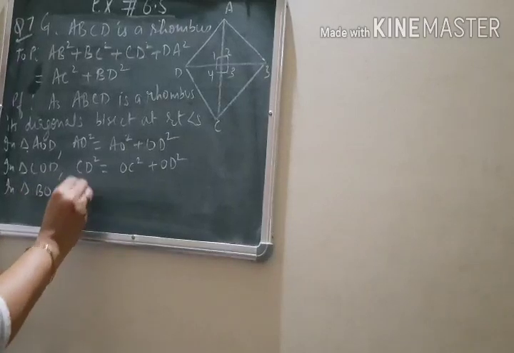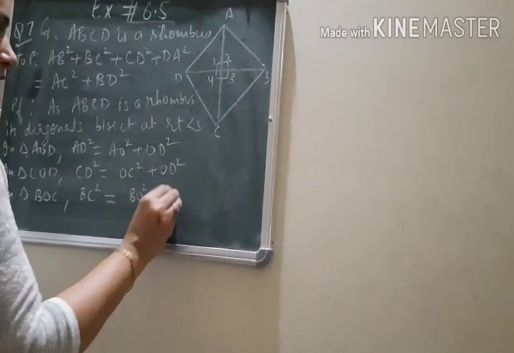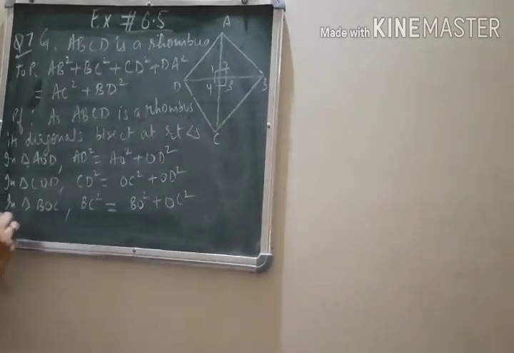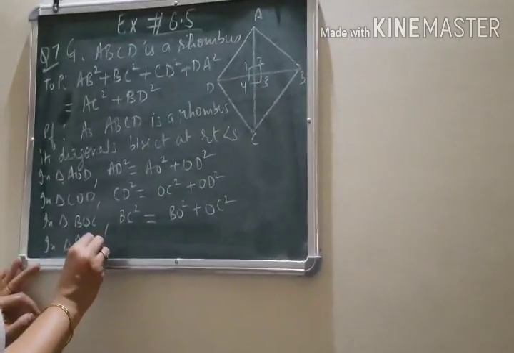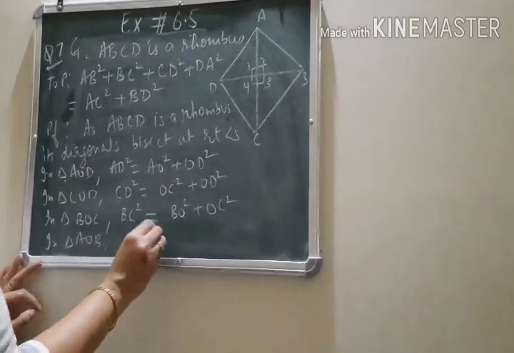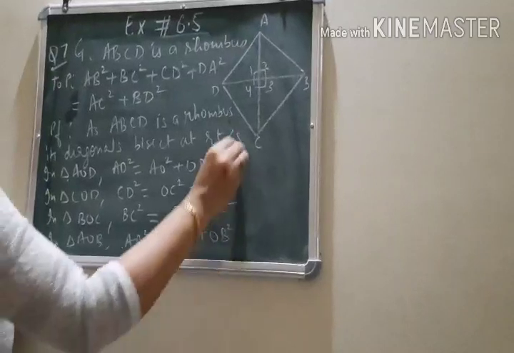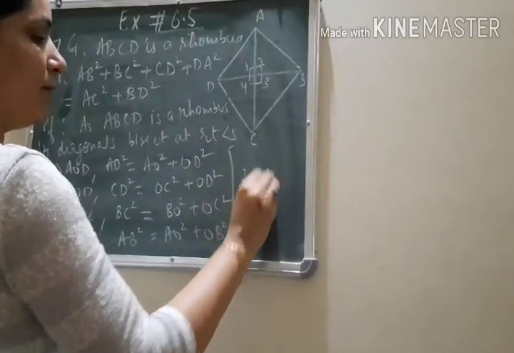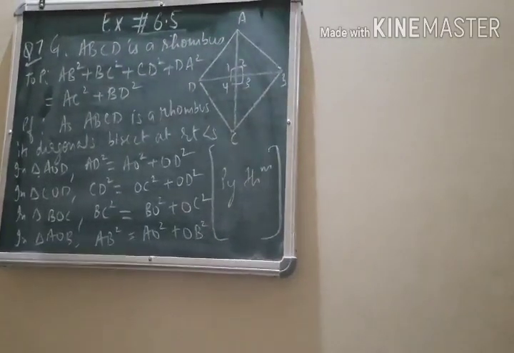So in triangle BOC, BC square is equal to BO square plus OC square. Take the next triangle, it is AOB. So AB square is equal to AO square plus OB square. So we have applied Pythagoras theorem in each of the 4 triangles.